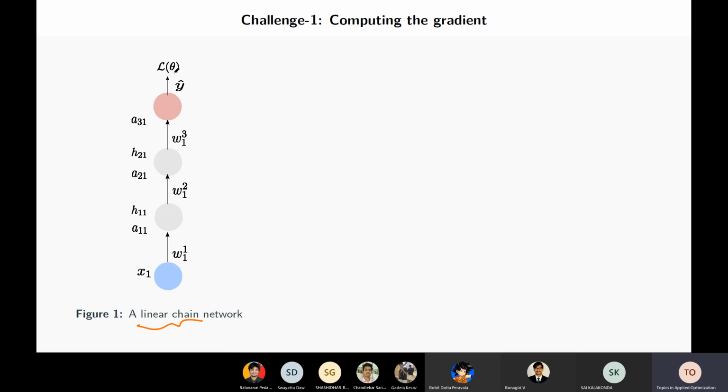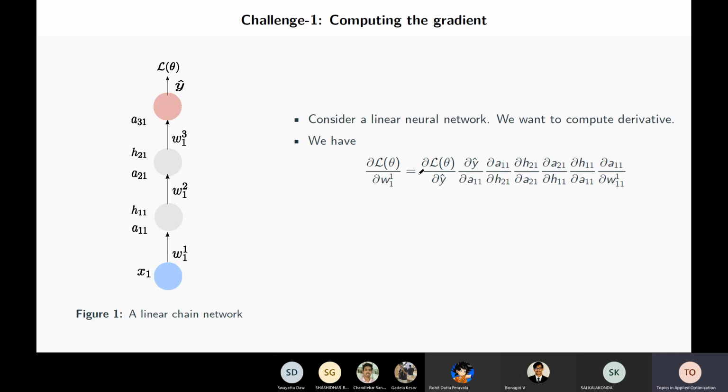So I keep doing this. It's a linear network, which may not be very powerful, but just to see, even for a simple linear network, what are the ways to compute the gradient? Because we want to compute the derivative.